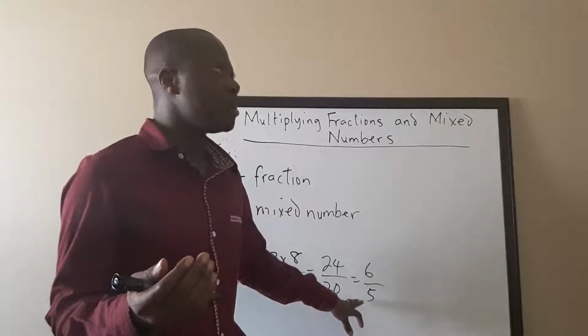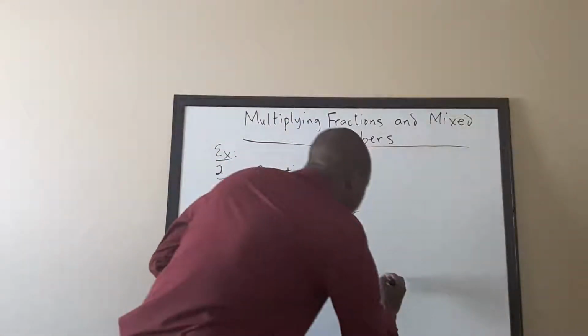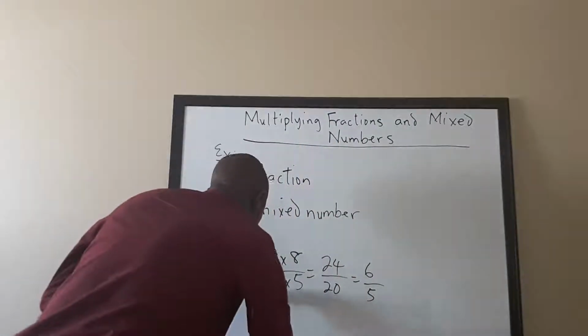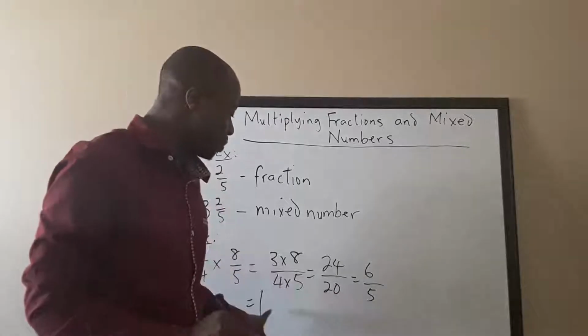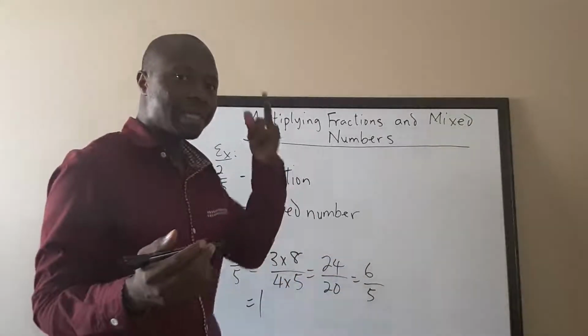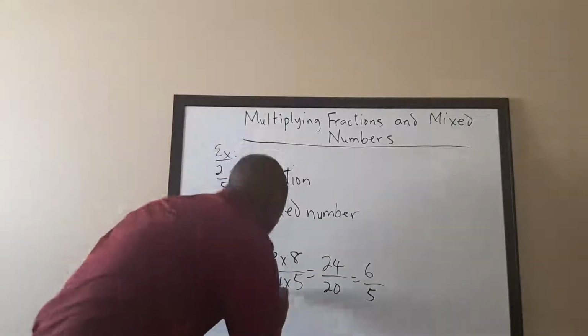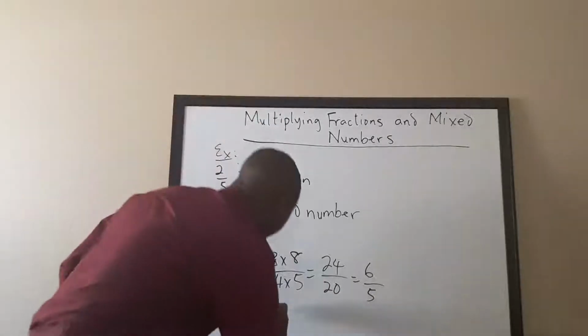So we say, how many times does 5 go into 6? It is 1 time. So 5 times 1, you have to multiply them, it is 5. So 6 take away that 5 is 1. So your top number is going to be 1 and your bottom number remains as 5.